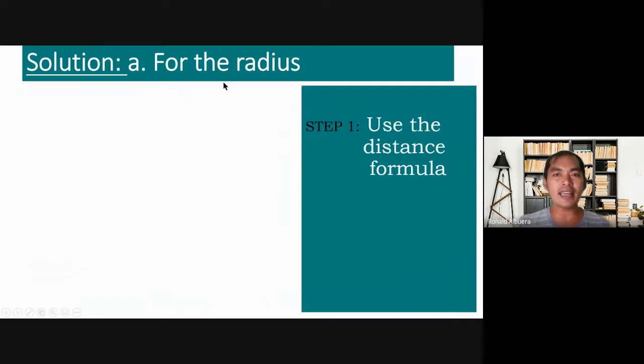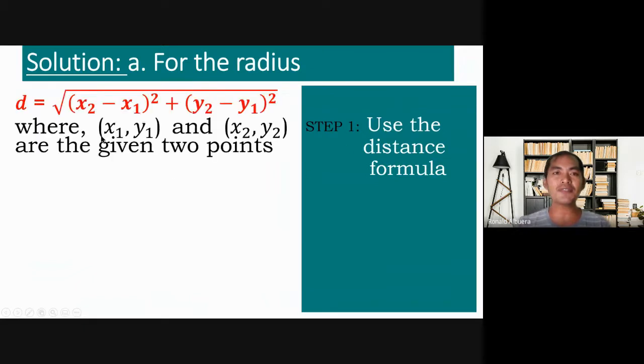In my slide, unahin muna natin ang radius. How to find for the radius? Use the distance formula. We have d equals the square root of x sub 2 minus x sub 1 squared plus y sub 2 minus y sub 1 squared. Okay. Sa paggamit ng formula na ito, kahit alin doon sa dalawang points ang gawin mong x sub 1 or x sub 2, basta pareho ang reference.